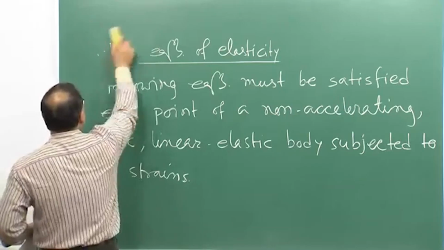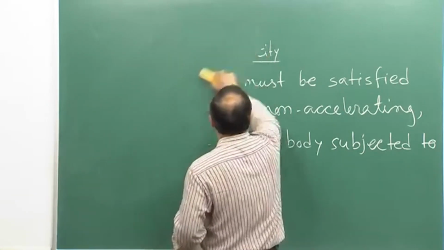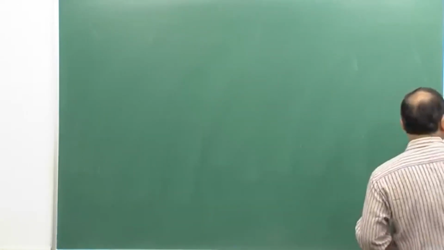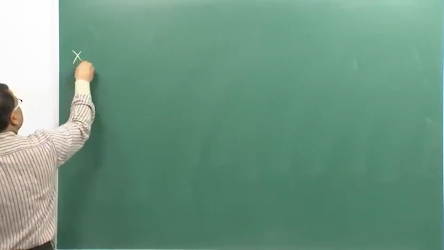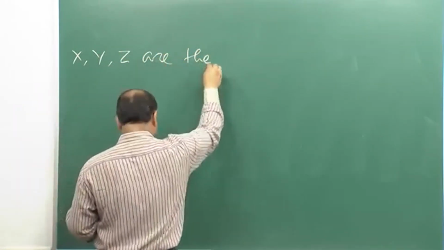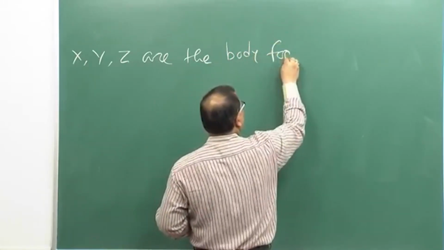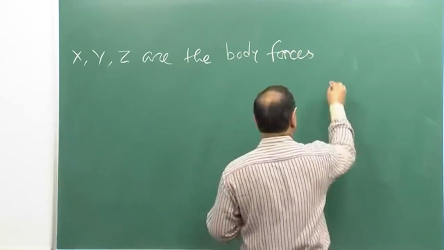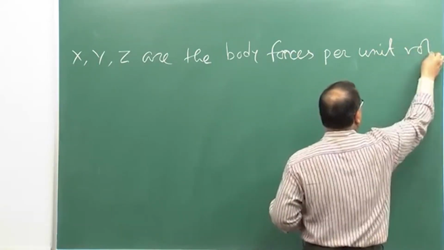Okay. So, now what are these capital X, capital Y and capital Z, as we have discussed earlier? These are nothing but the body forces along X, Y and Z directions, right. X, Y and Z are the body forces per unit volume.